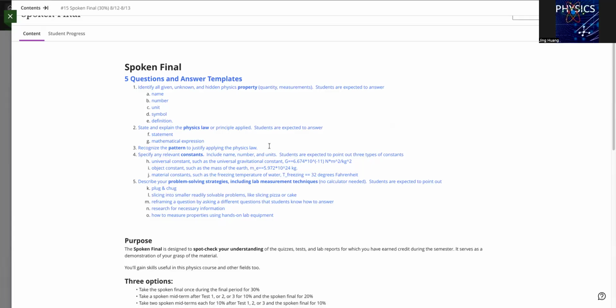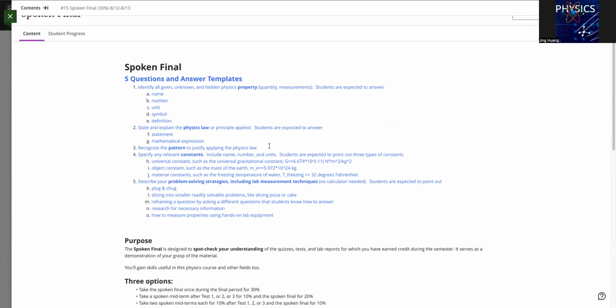For example, equations of motion can be for one-dimensional motion along a straight line with a constant velocity, or for one-dimensional motion along a straight line with constant acceleration. So for different patterns, we have totally different equations.